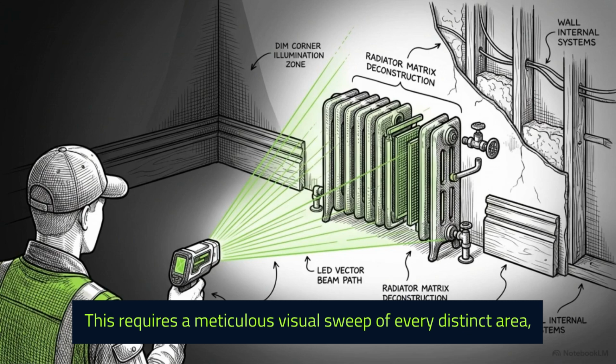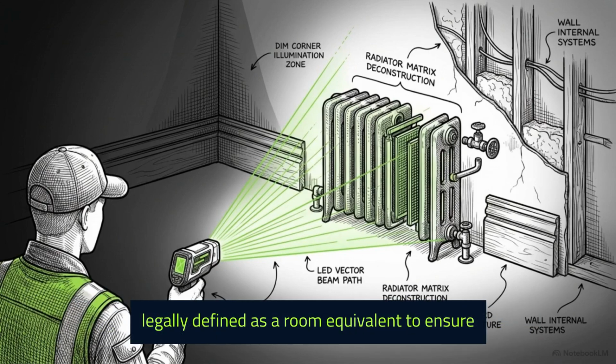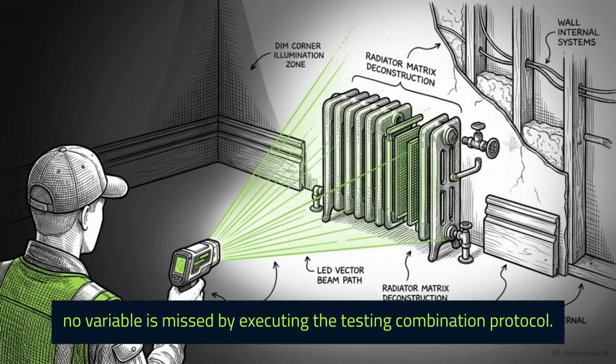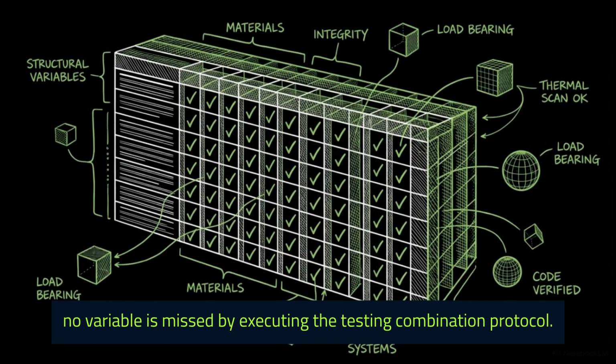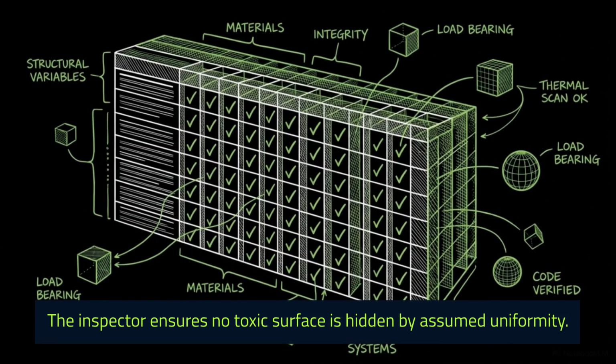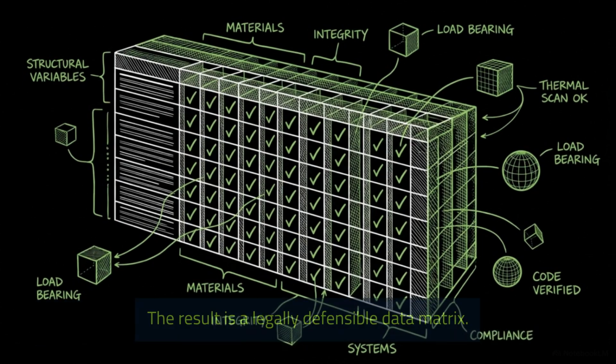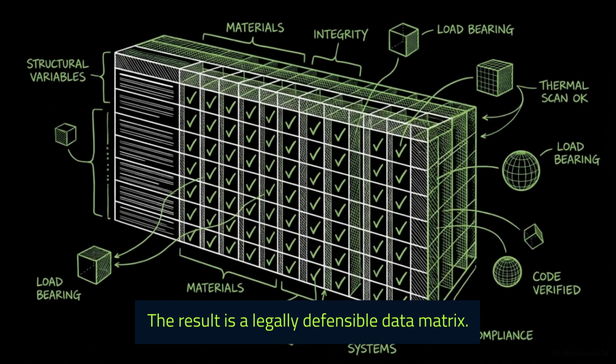This requires a meticulous visual sweep of every distinct area, legally defined as a room equivalent, to ensure no variable is missed. By executing the testing combination protocol, the inspector ensures no toxic surface is hidden by assumed uniformity. The result is a legally defensible data matrix.